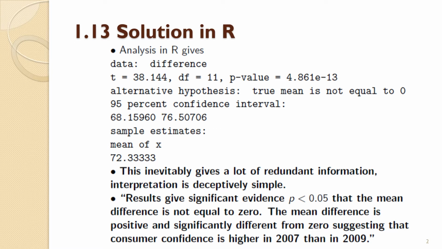So this gives you the second sentence here. The mean difference is positive and significantly different from 0, and this suggests that consumer confidence is higher in 2007 than in 2009. This gives you a reasonable interpretation that the crash has indeed affected consumer confidence, and you get the same numerical answers as we got by hand.